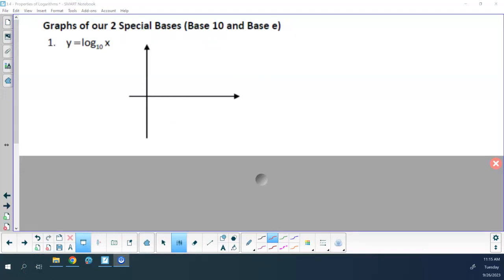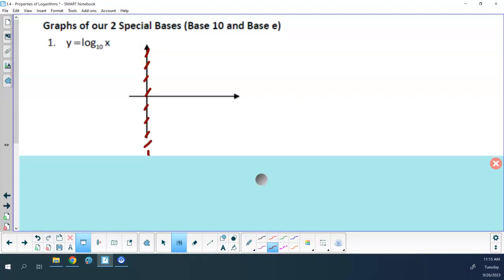So if we have a special base, 10, the common log, we're still going to have x equals 0 as our vertical asymptote.